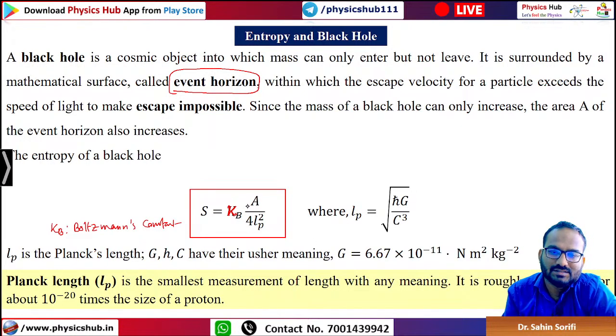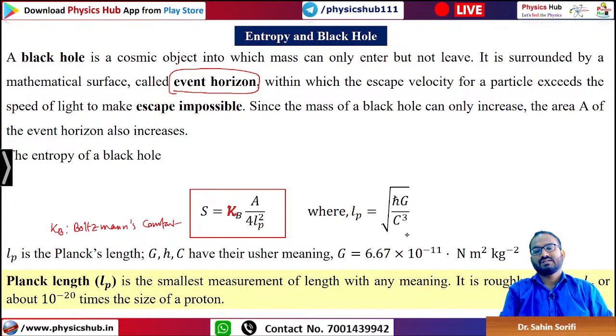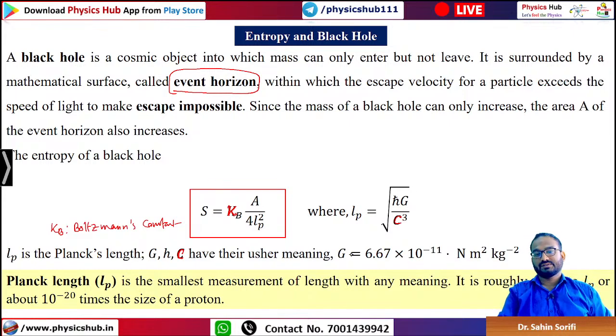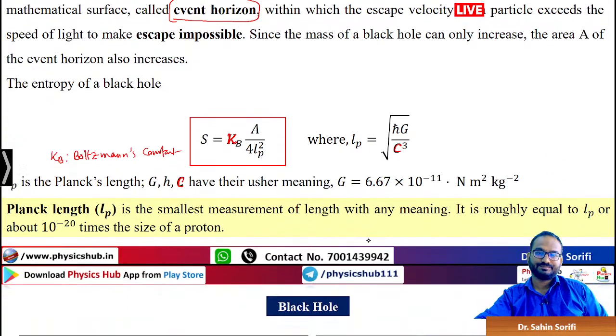Here A is the surface area of the event horizon. Lp is called the Planck length, which has a value root over h-cut G by c cube. This expression is quite important. Lp, Planck length, is equal to root over h-cut G by c cube. Here c is the speed of light, small c, and G is the universal gravitational constant, 6.67 times 10 to the minus 11 newton meter square kg to the minus 2.